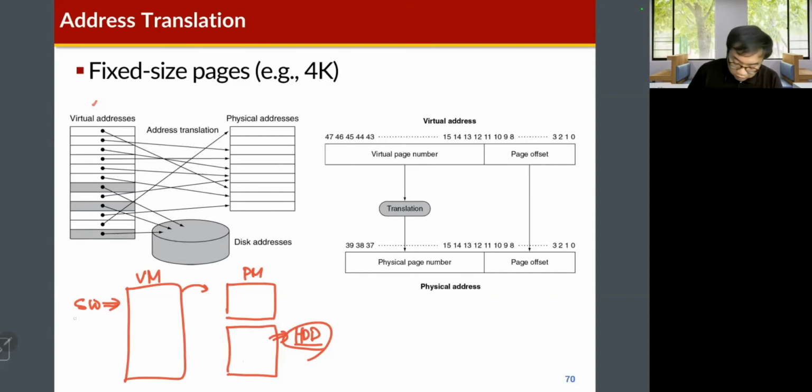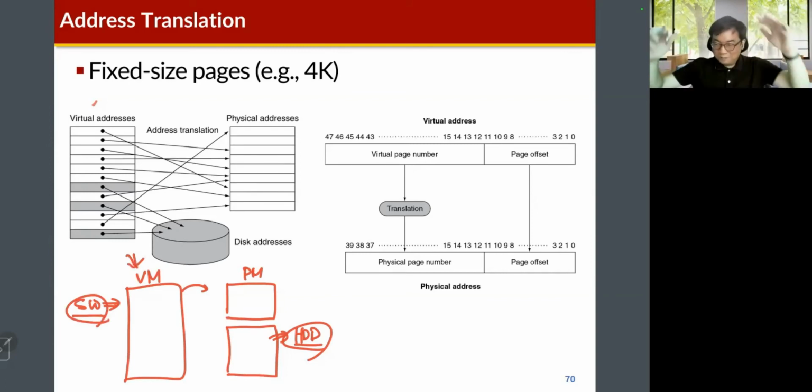To the software, you can say, oh, you can use this large memory space, but in reality, some part of this virtual memory is mapped to the real fast memory, like real DRAM, but another part of this virtual memory is mapped to storage space, in very, very slow storage devices. Okay, this is the original purpose of virtual memory.